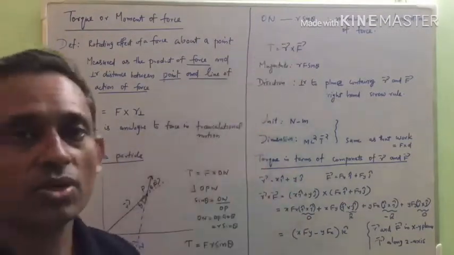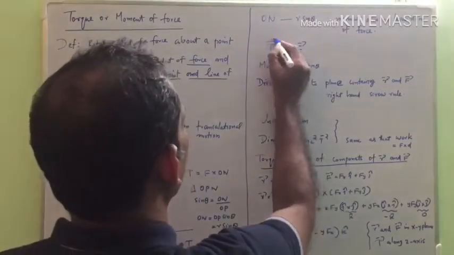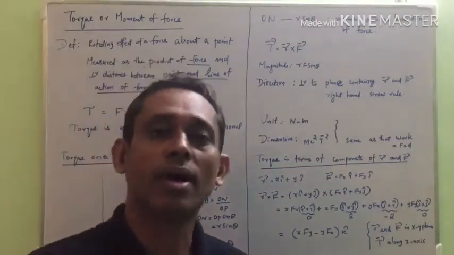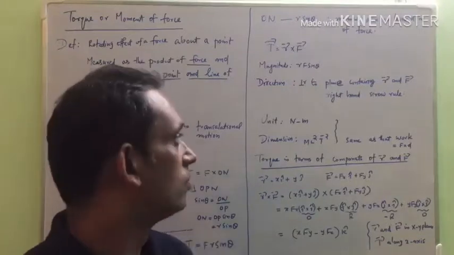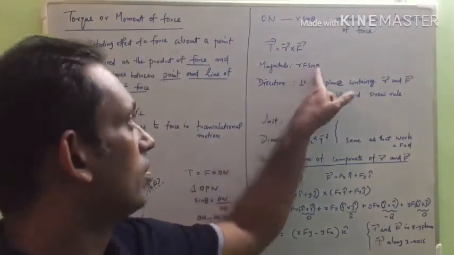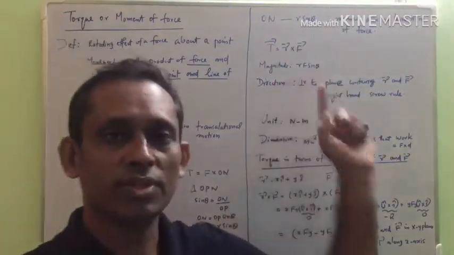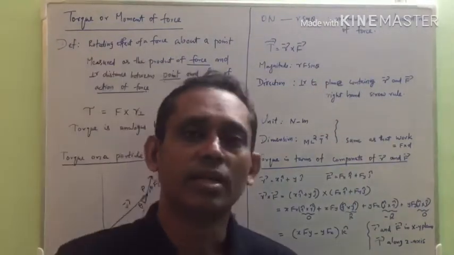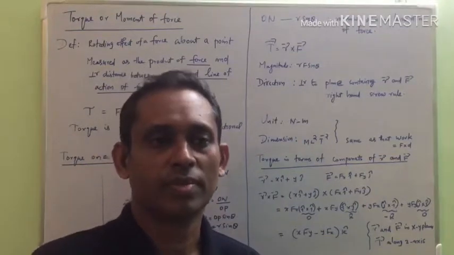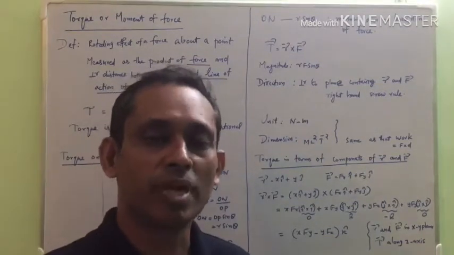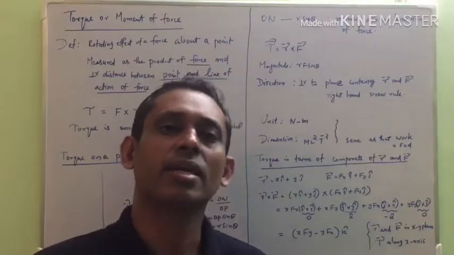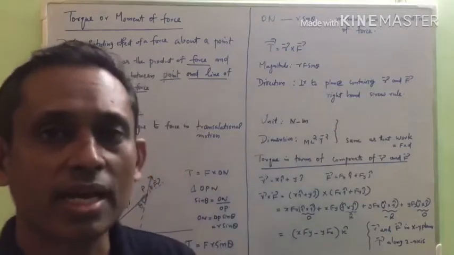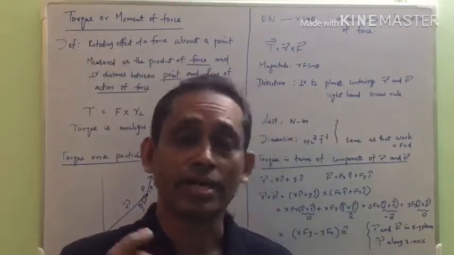Now in vector notation, the torque tau is given by the cross product of r and F. The magnitude, as said earlier, is r F sine theta. Since it is a cross product, the direction of the torque will be perpendicular to the plane containing r and F, and the exact direction is given by the right hand rule.